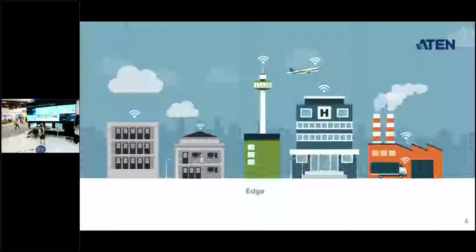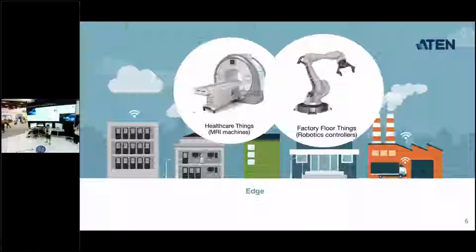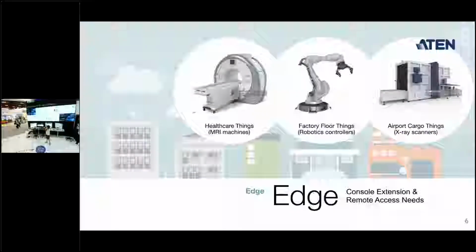Next, let's look at the edge. Here I show you three examples. The healthcare one: here is an MRI machine. The second one, the factory floor, where we're seeing a lot of controllers. They are computers, especially industrial PCs.